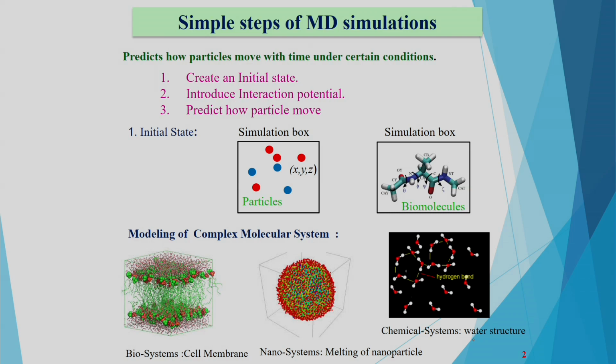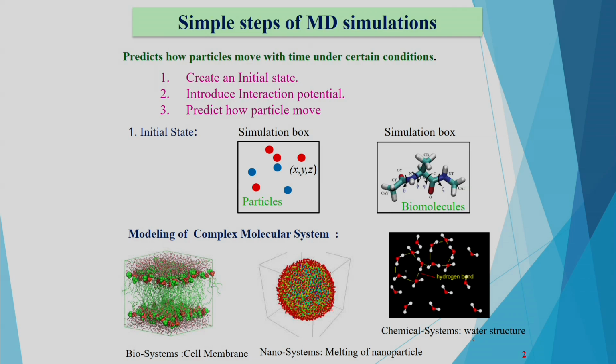So, they are just particles, we are not specifying what kind of particles they are, but they are inside a box. Now, this could give rise to additional complications such as periodic boundary conditions, etc., which we have not discussed. However, there are extensions of the algorithm that we have done to incorporate the periodic boundary conditions.